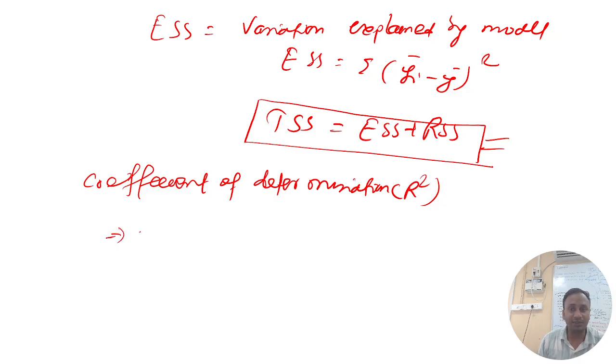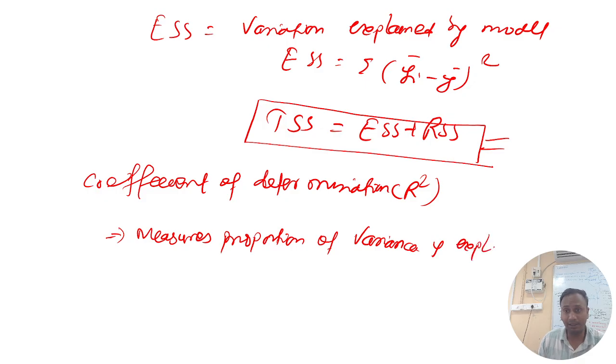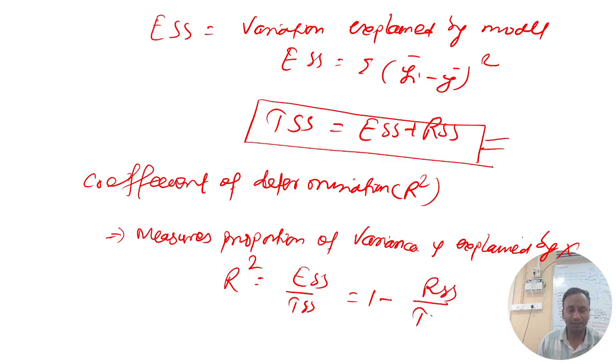So R square measures the proportion of variance in y explained by x, and the R square formula will be ESS upon TSS, something we'll also call 1 minus RSS by TSS.